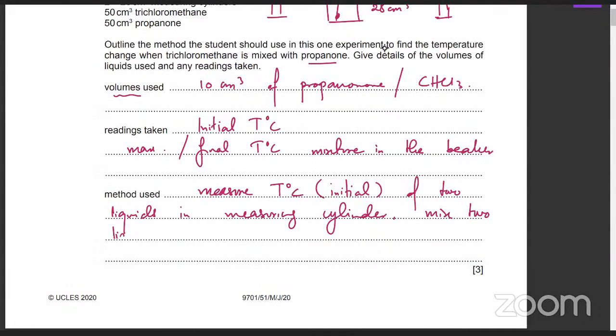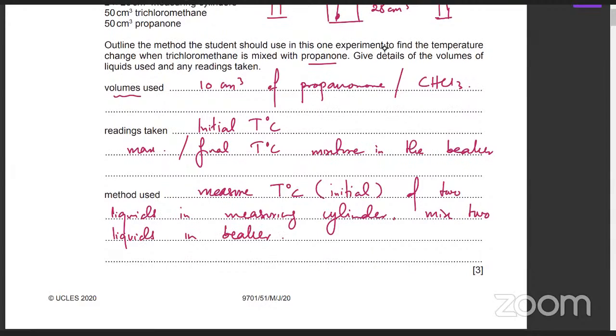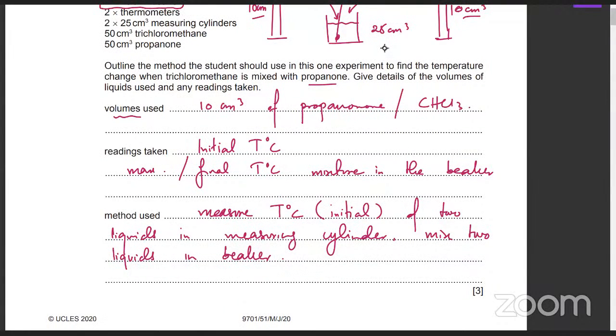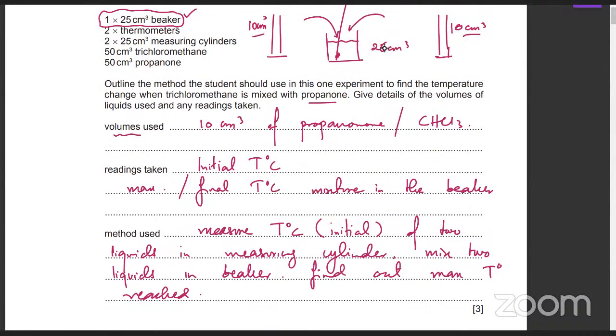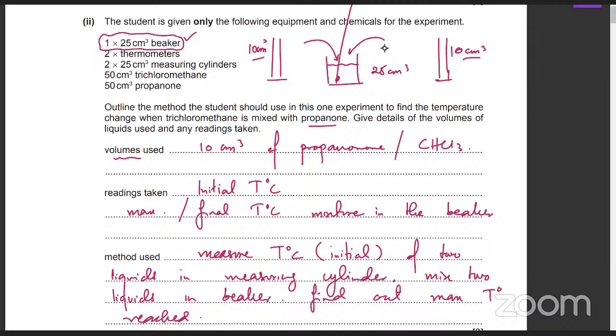I mean, you're not going to call it liquids, you're going to name them. So you mix the two liquids in the beaker, and then you just try to find out the maximum temperature that's reached.